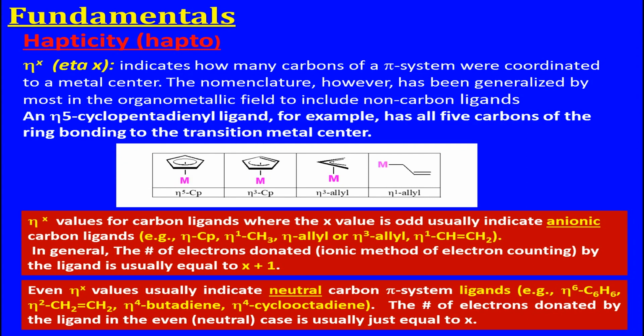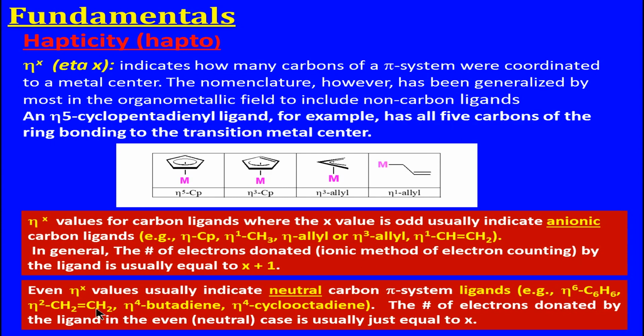If hapto-X and X is an even number, the ligand is neutral and a donor of X electrons. Consider, for example, hapto-6 C6H6. Hapto-6 is even, so C6H6 is a neutral donor of X electrons, so a donor of 6 electrons.